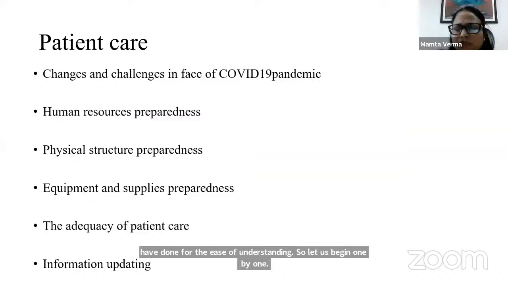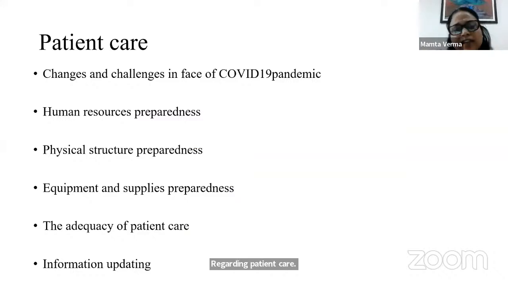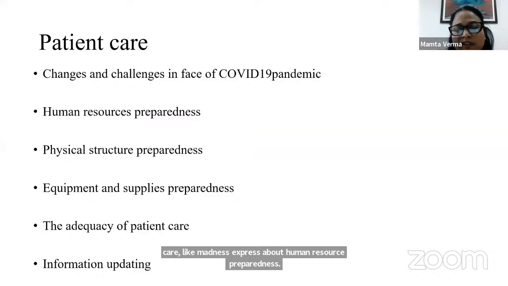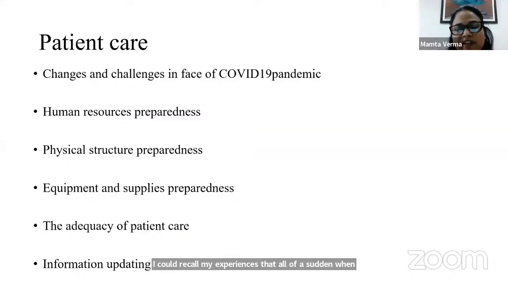Regarding patient care, I think Dr. Lata has talked enough about patient care, like Madam has expressed about human resource preparedness. I could recall my experiences that all of a sudden, when COVID phase 1 hit, there was an acute shortage of staff. There was a shortage of staff in numbers. There was a shortage of staff who were willing to go inside the COVID unit.